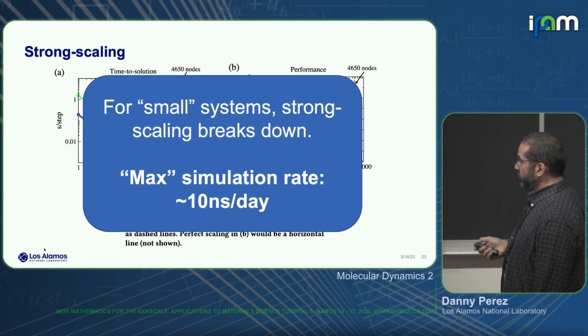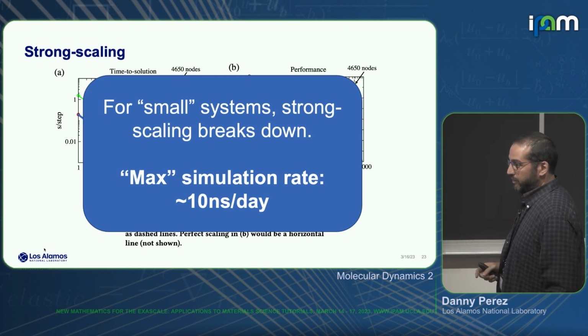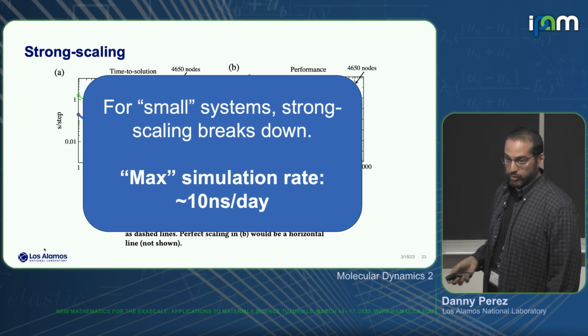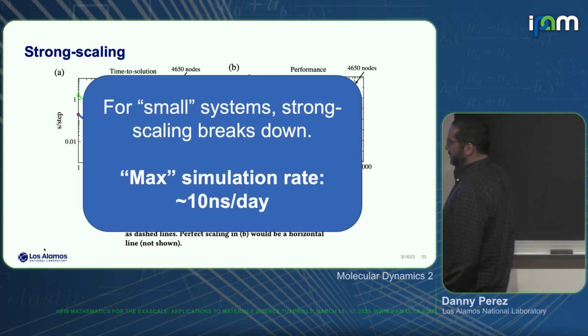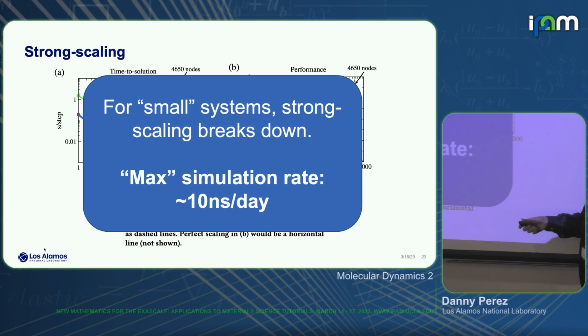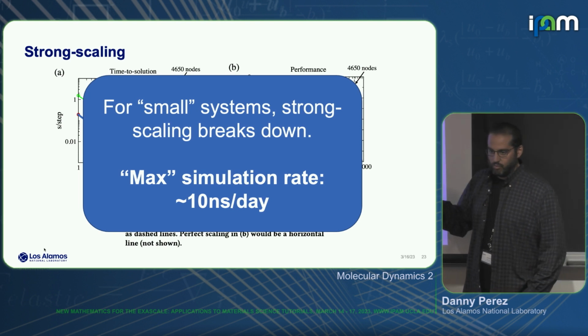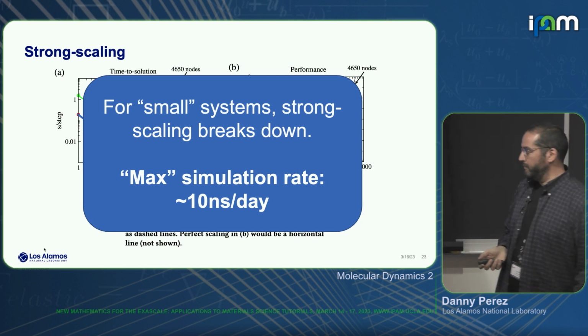So for small systems, strong scaling breaks down, and that means that you max out at some simulation rate, something like 10 nanoseconds per day, no matter how much compute you throw at the problem. And for people that have been doing MD for a long time, this kind of nanosecond per day number is something that we would get on classical MD on small systems for a long, long time, right?